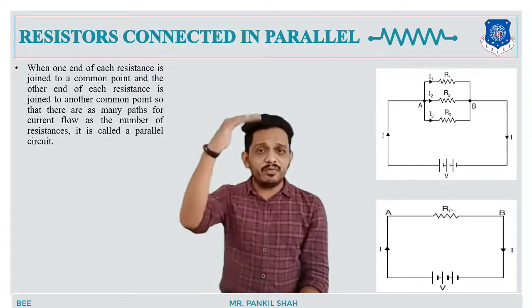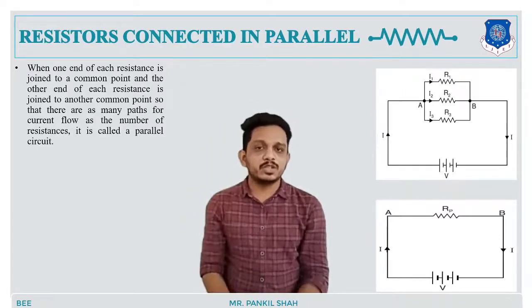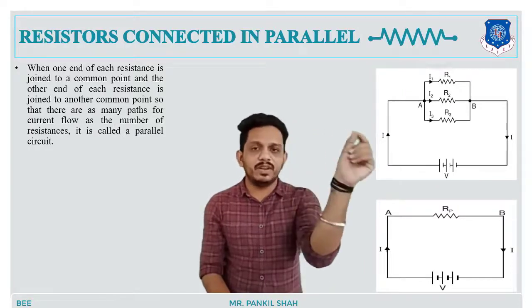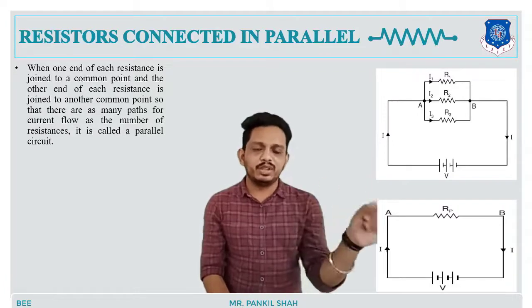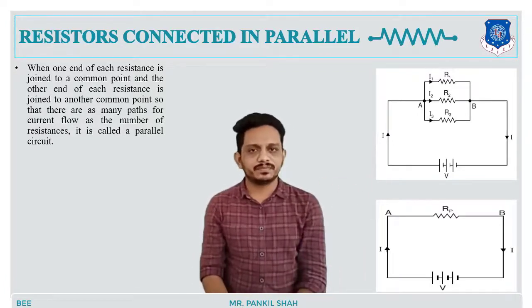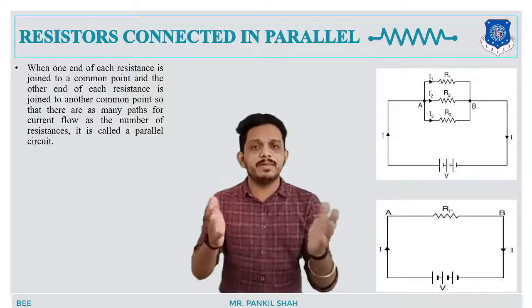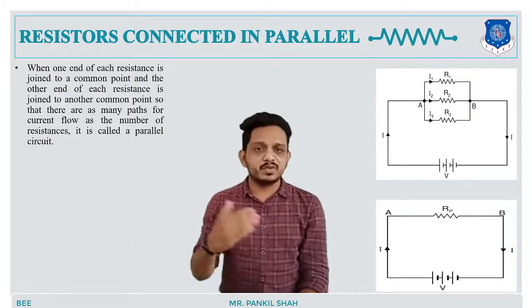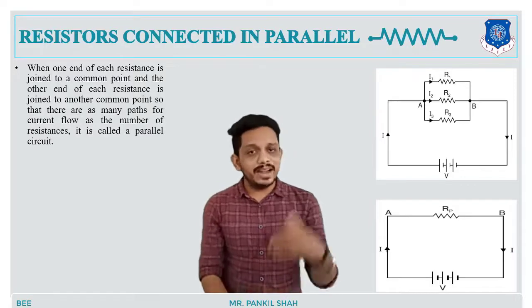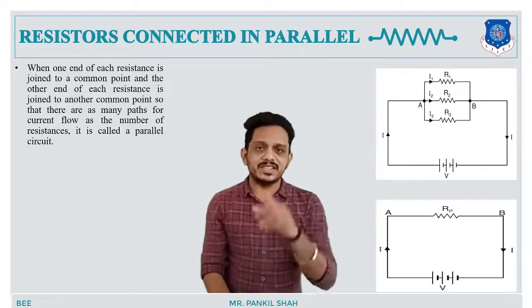But the current flowing through each path will be different. So the current flowing through the first path will be I1, through the second path will be I2, and through the third path will be I3. But the voltage across each element will be the same.